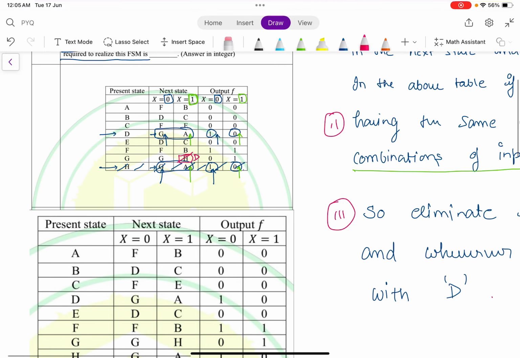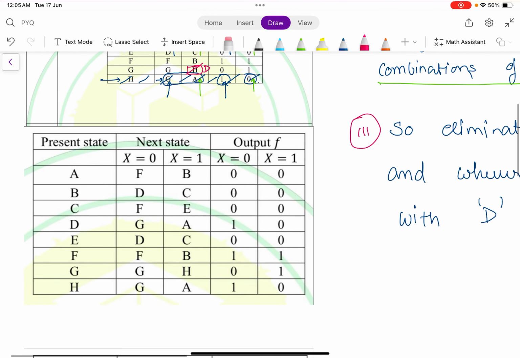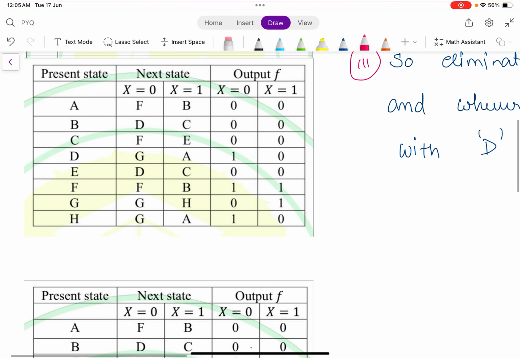Now we will solve using these steps. I will again start writing. If you can see, H is here, G and A both are same with the same outputs. Now you can eliminate this state and write D wherever H is present.